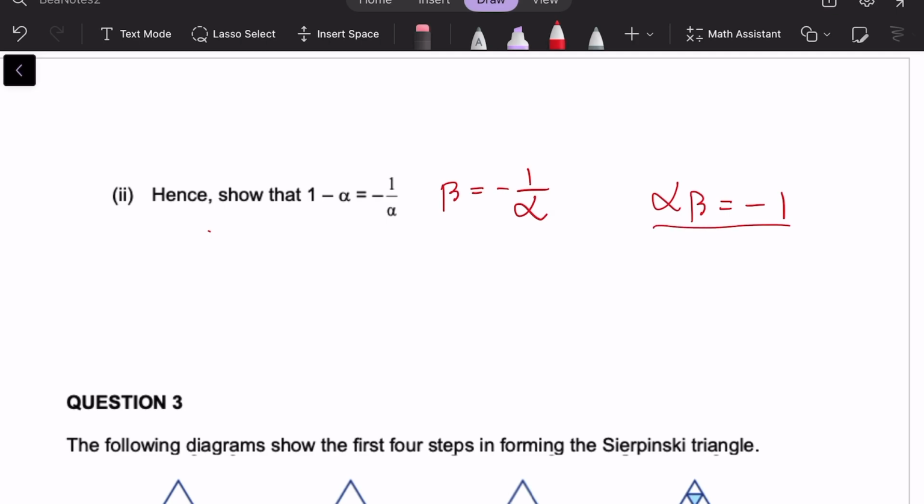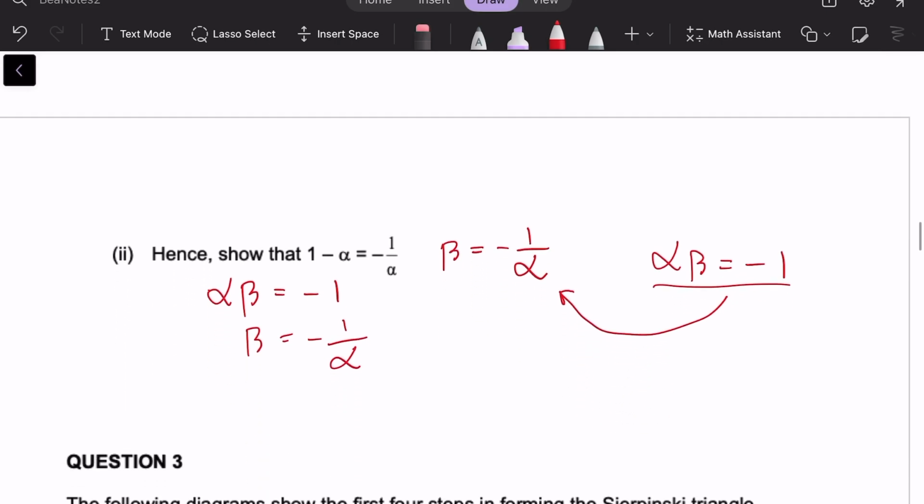Notice that when you rearrange this equation, you get this. So we can start from that, equals negative 1, and then beta equals negative 1 on alpha, dividing both sides by alpha. And because we agreed up here that beta equals 1 minus alpha, then 1 minus alpha equals negative 1 on alpha. There are probably a lot of different ways that people are attempting this problem, and a few of them probably work, but this is just the one that I found.